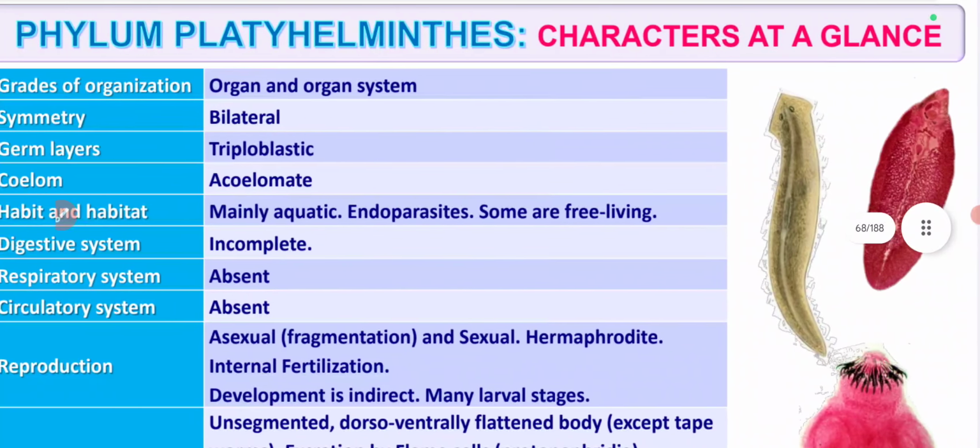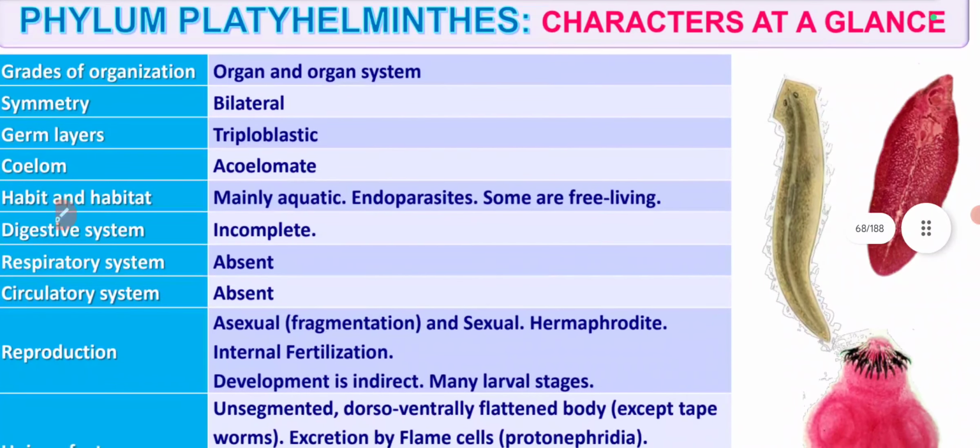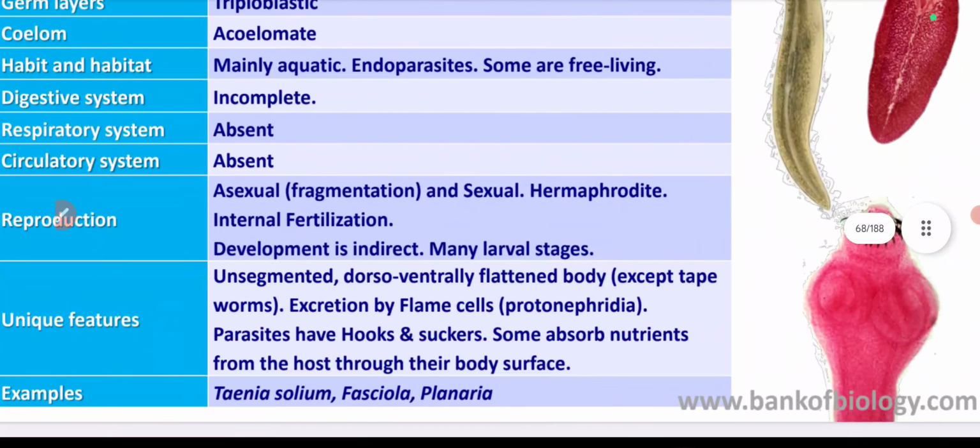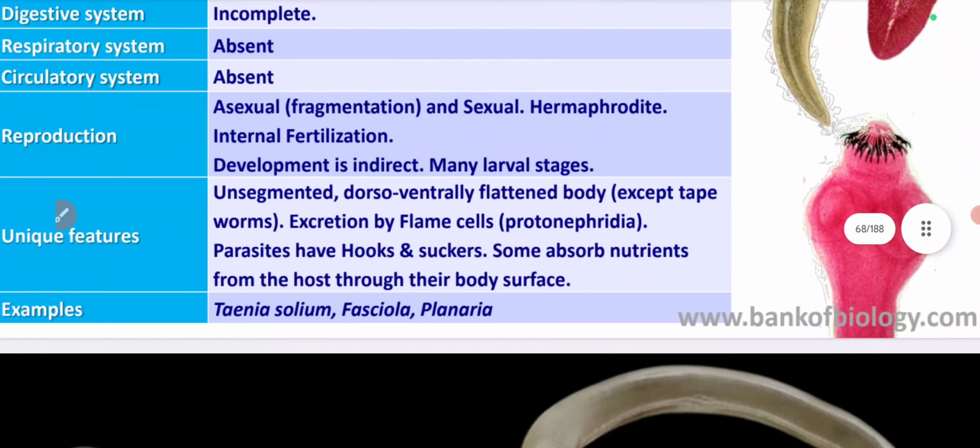The points in a single slide: organ system level of organization, bilateral symmetry, triploblastic germ layers, acoelomate organisms, mainly aquatic, endoparasites, some are free living. Incomplete digestive system, respiration and circulation absent. Reproduction asexual by fragmentation and regeneration, and the sexual mode also occurs. Hermaphrodite means bisexual, internal fertilization, indirect development, and many larval stages.